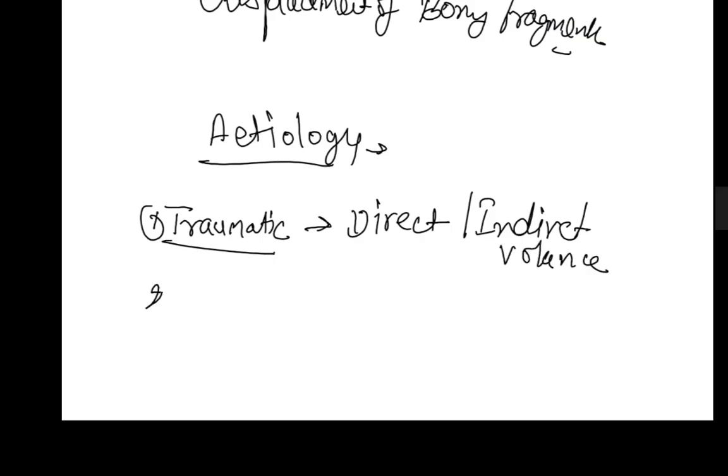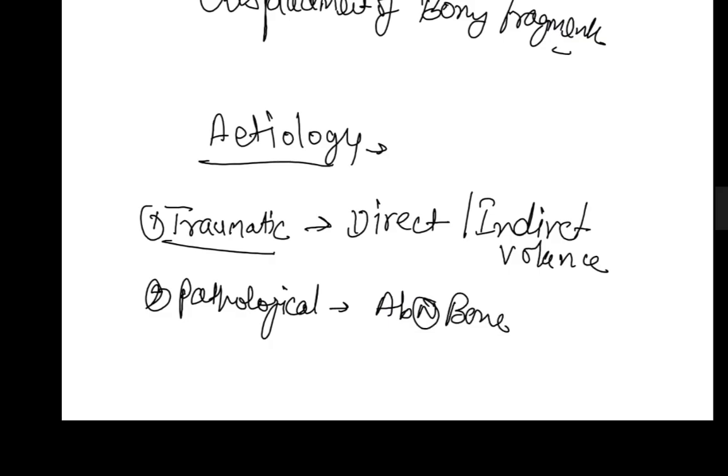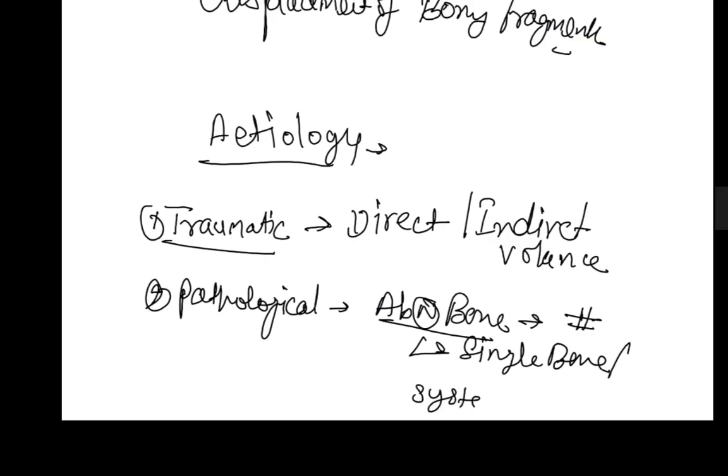The other etiology is pathological. In pathological fracture, it is abnormal bone which gets fractured. The abnormal bone can be a single bone or there can be systemic involvement of the bones.